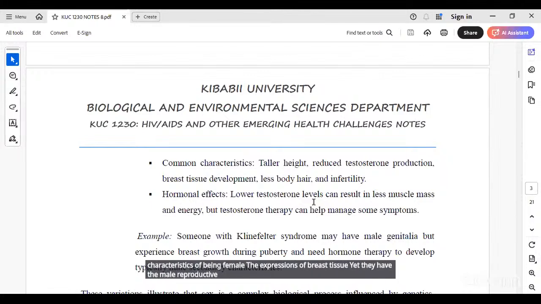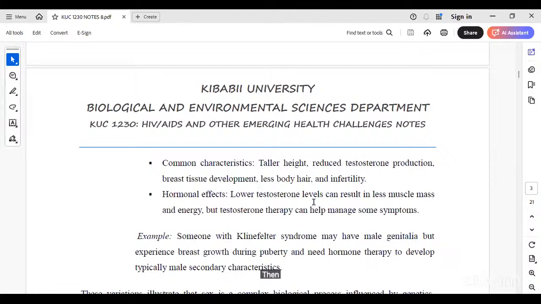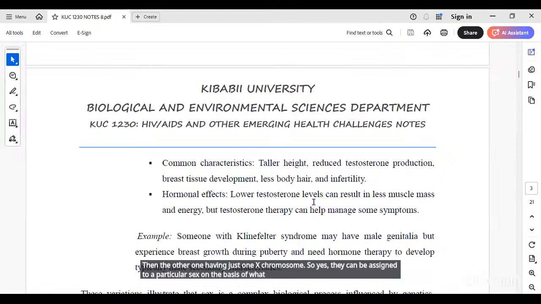Then they'll generally have less body hair. So those are two cases: one having two X chromosomes and a Y chromosome, and the other having just one X chromosome. They can be assigned to a particular sex on the basis of what genitalia they carry.